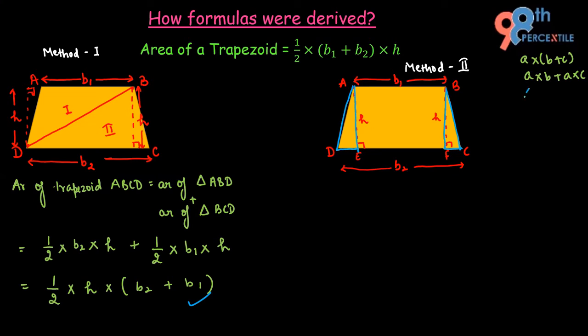So I'm going to do that here. So this point A and B have combined now. So let's say this is A, this is D, this is C, and E and F have combined now. So let's leave this point.